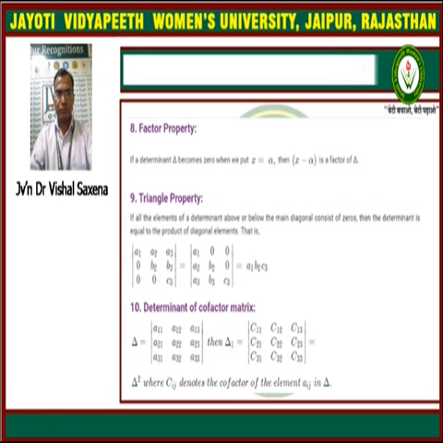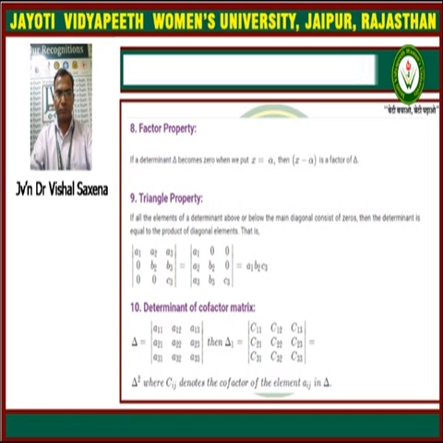Number 10th property is the determinant of cofactor matrix. In this property, a determinant is given that del is equal to A11, A12, A13, A21, A22, A23 and similarly A31, A32 and A33.